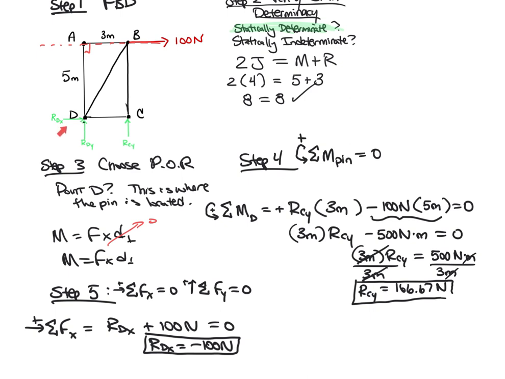And if you go against the process, it's okay, but you'll have to realize that the negative always means that it's the opposite of your assumption. So if you assume to the left and it's negative at the end of the physics, that tells you your assumption's wrong, so it's really to the right. Here, the positives and negatives will at least line up with our conventions that you're used to. So if we assume right and it's negative, that means it's left. So RDX is really to the left.